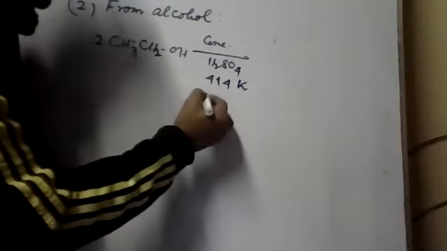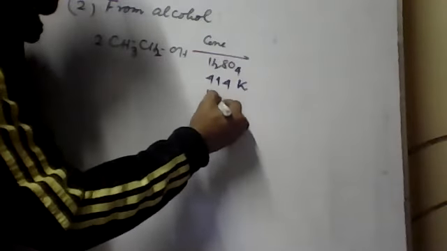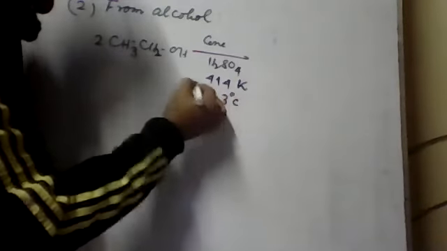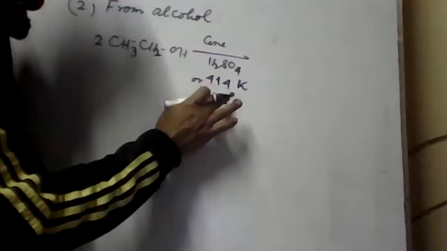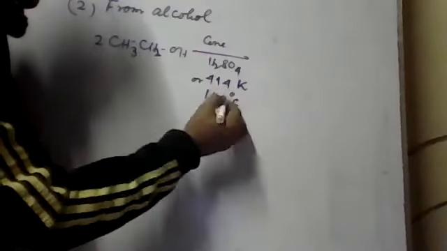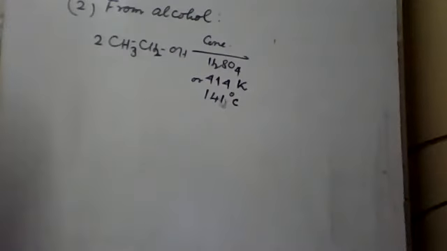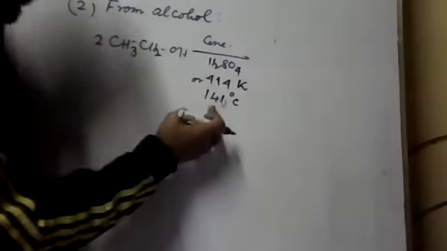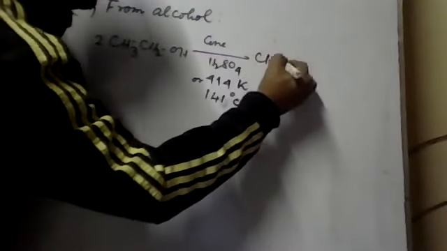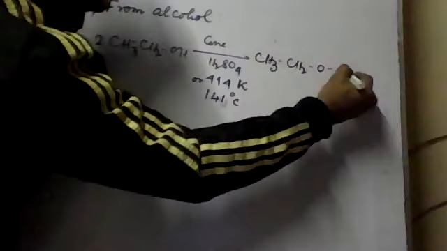That is 140 degrees centigrade; in some books it is given as 140. It gives ether, ethoxyethane. So this mechanism is also important.